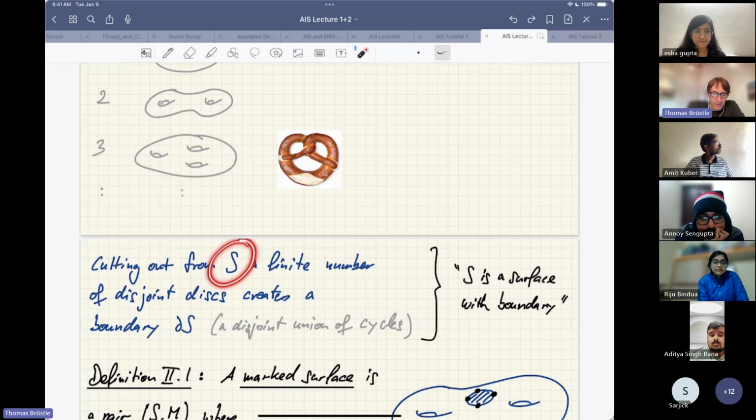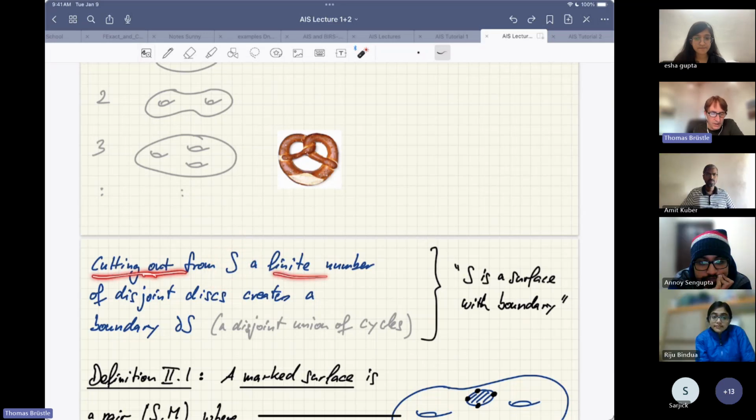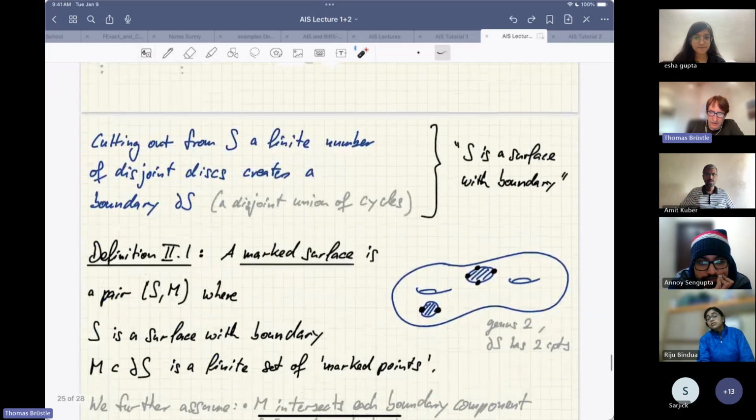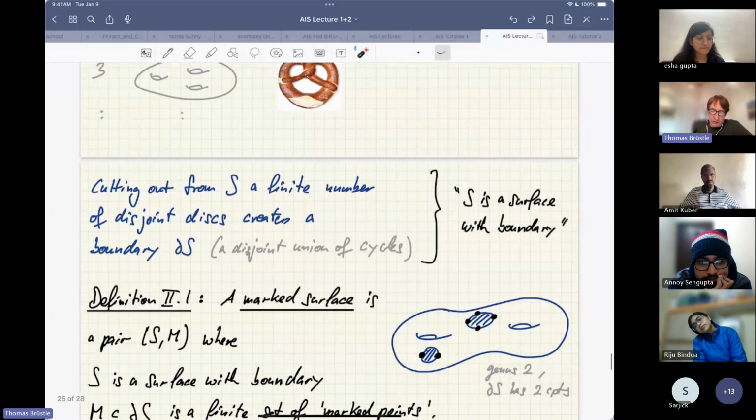From my given surface S, I will cut out a finite number of disjoint disks, like so, 1, 2 disks. If I cut them out, then I will create a boundary. Before, the surface had no boundary.